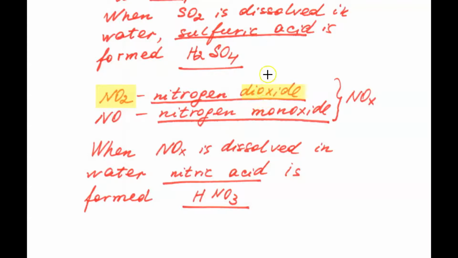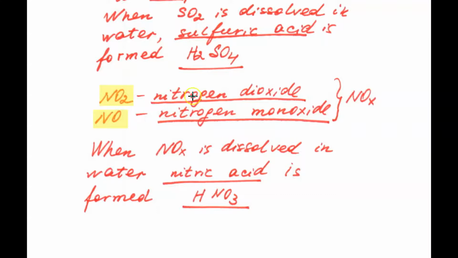Di means two. So the second molecule is similar, but it only has one oxygen, NO, and this is nitrogen monoxide. Mono means one. So nitrogen oxide can have two oxygens, such as in case of NO2, or just one oxygen, such as in case of NO.